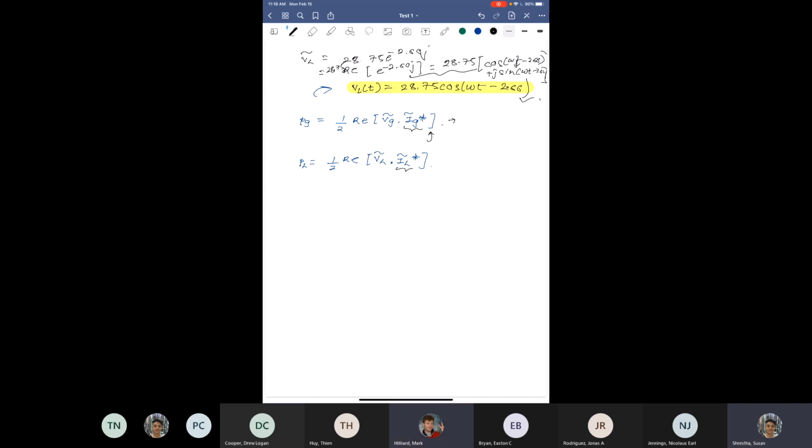I have one half real, 100 is the V of G phasor, and I of G for the equivalent would be 1 over... I thought it was going to be Z of G, but Z of G is 50.